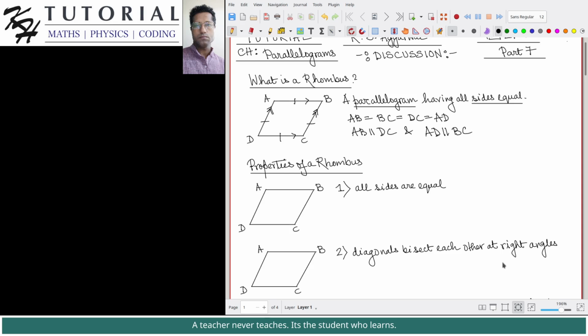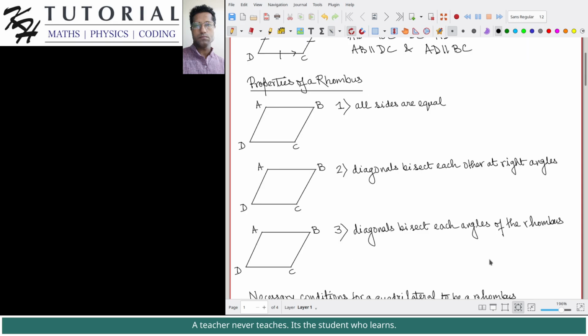If you are given a figure which is a rhombus, what can you say about its sides, angles, and diagonals? The first thing is that all the sides are equal. So we must have AB equal to BC equal to DC equal to AD.